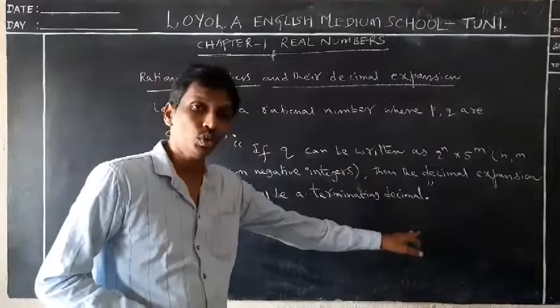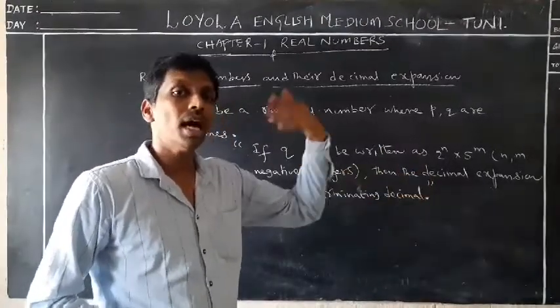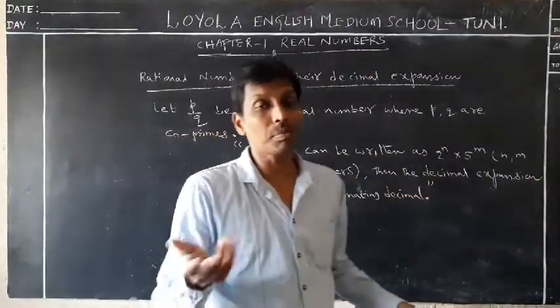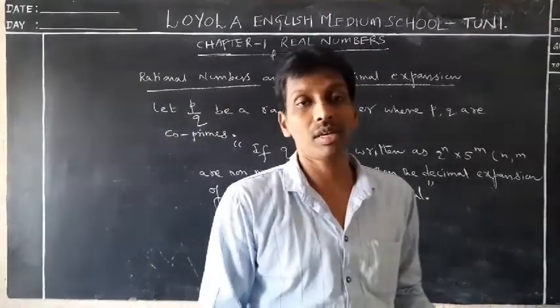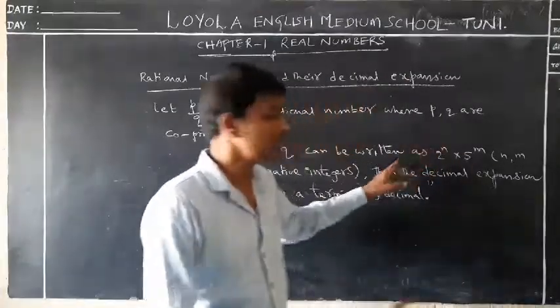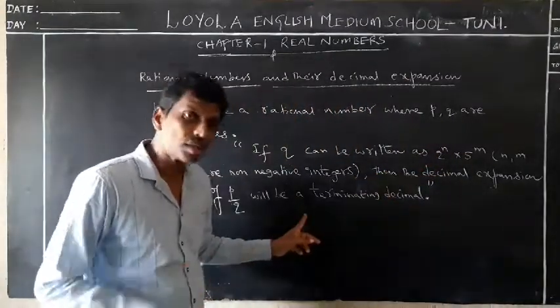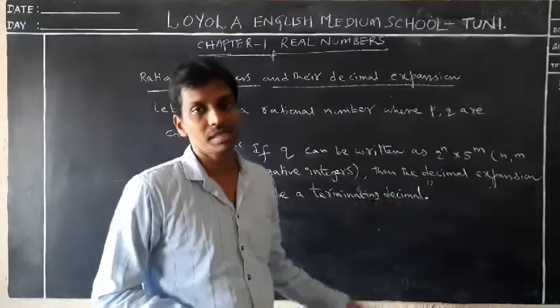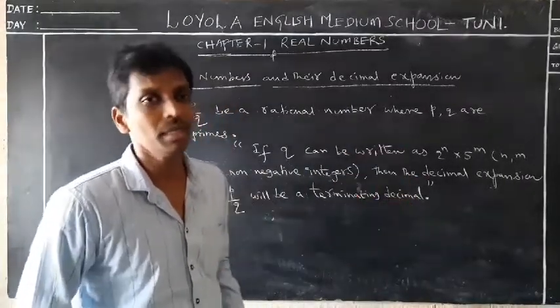Except 2 and 5, if other prime numbers, maybe 3 or 7 or 11 or 13, or some other numbers come in the denominator, we should say that it is not a terminating decimal. Simply, it is a non-terminating decimal.